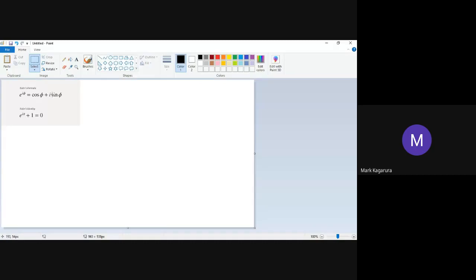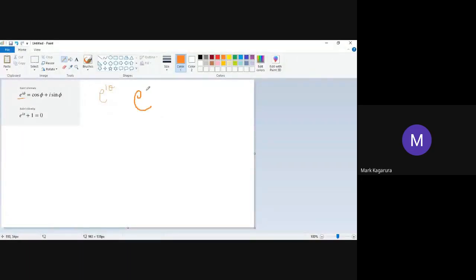So let's continue. You have Euler's formula, and you can express this exponential in terms of cos and sine. So e^(jθ) is cos θ plus j sine θ. We're just going to increase the size of this.